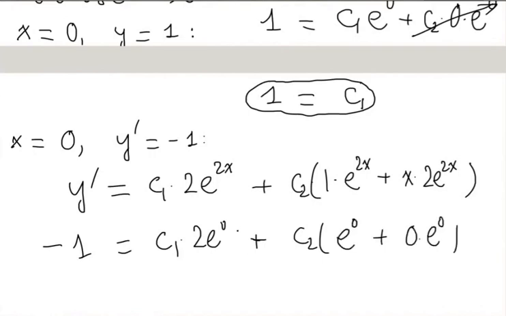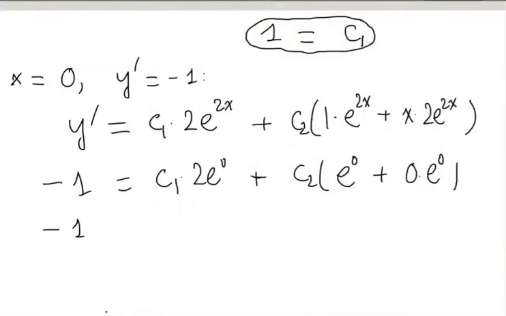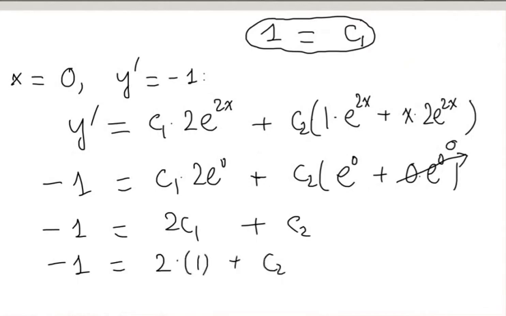Now when you do the exercise or in the quizzes or tests, you should do it like this. Make it clear. The first step here is to determine y prime, and then you plug in the values. Don't mix them up. Now simplify. -1 equal to 2c1 plus, this is gone, and we have c2. But we know that c1 is 1, so -1 equal to 2 times 1 plus c2.